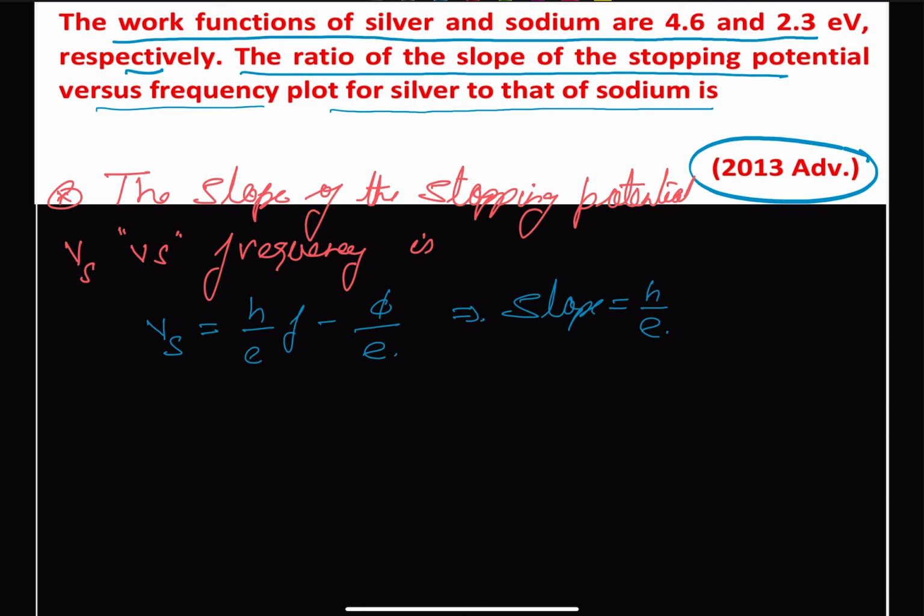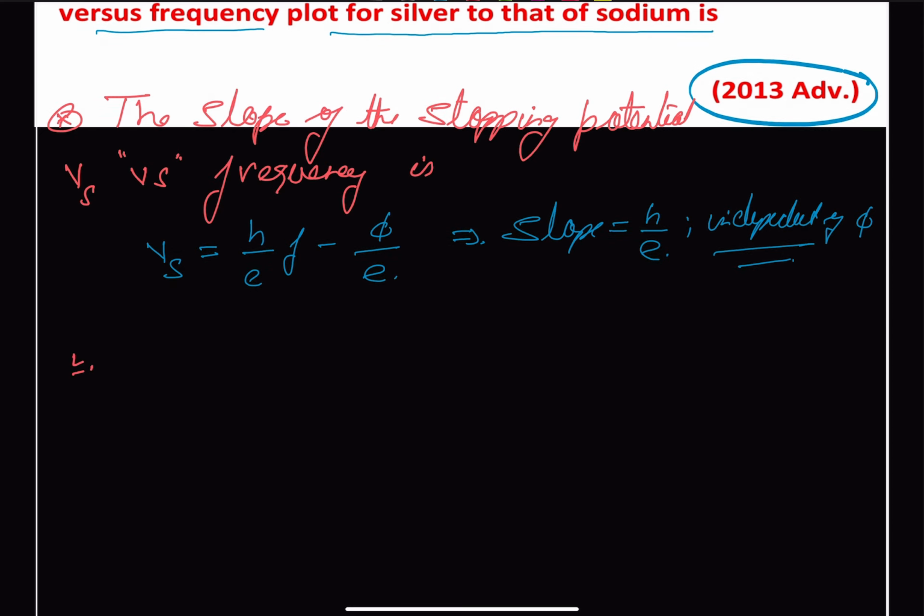So the slope is only dependent upon our value of h as well as e, which are standard or constant values, and it is independent of work function, independent of phi. So we have to find out the ratio.